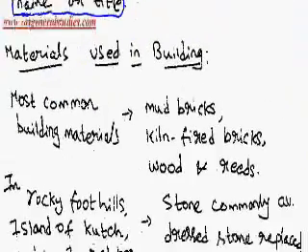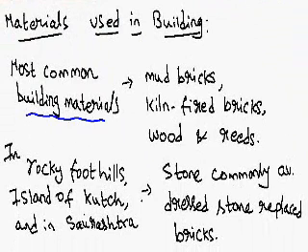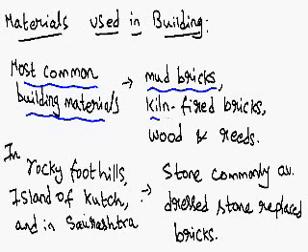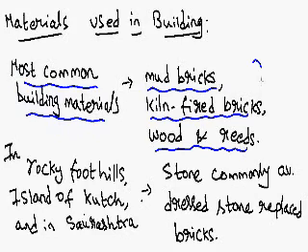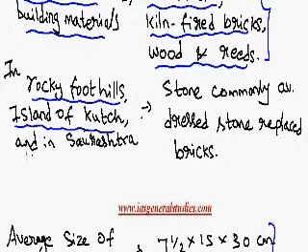Now let us study the materials used in building. The most common building materials are mud bricks, kiln fired bricks, wood and reeds. In rocky foothills, the island of Kutch and in Saurashtra, stone is commonly available.